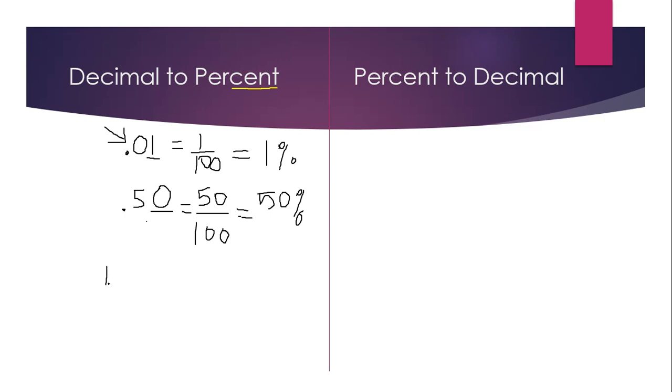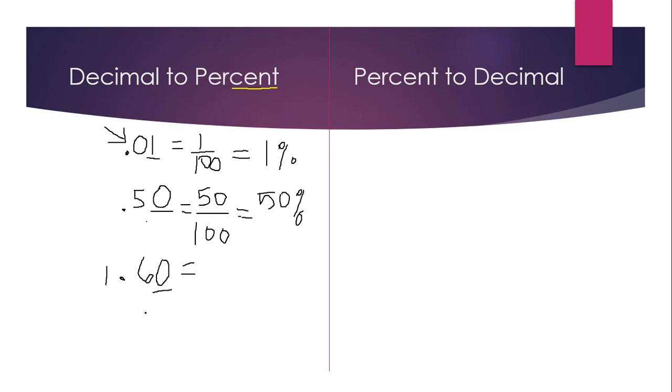Now I'm going to show you one more. If I have 1.6, whoa. This is kind of hard now, but it won't be hard if we can make this out of money. So if I think about money, I need one more number right here, the hundredths place value, to make it look like money, right? Now I have 1.60.